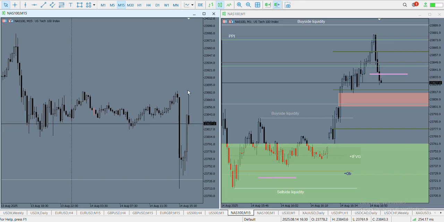There are protective buy stops above these relative equal highs. That's retail trading 101. They have protective stops above relative equal highs because they really think that price has formed a ceiling and is going to fall from these relative equal highs, not knowing that these are buy stops and price is going to go through those buy stops and engage them, with smart money selling to those buy stops.